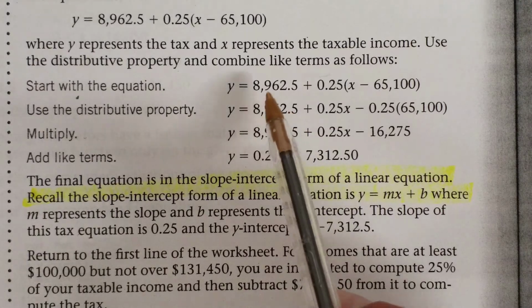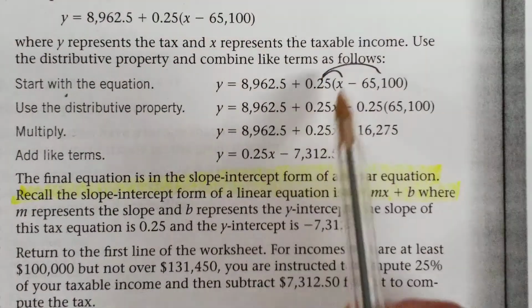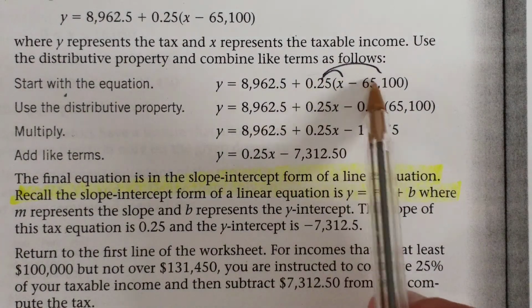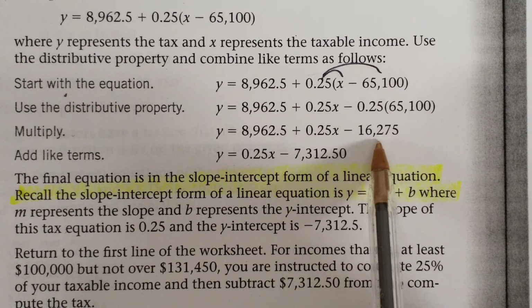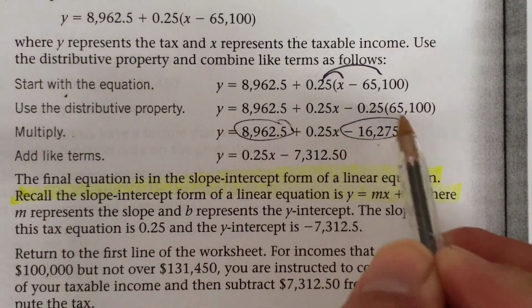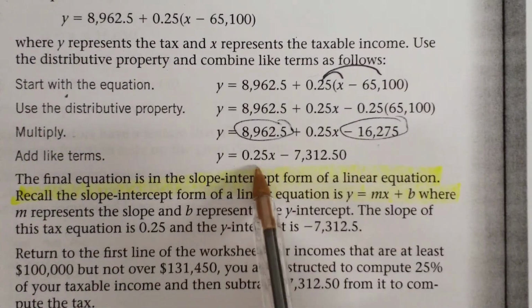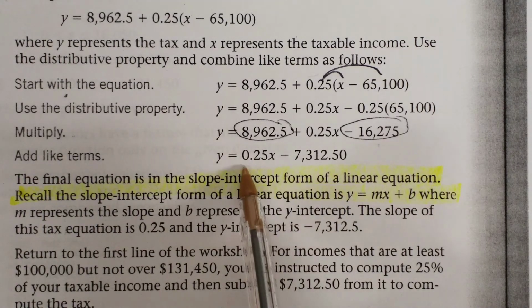If I wanted to convert that to slope-intercept form, I would distribute right here. So 0.25x minus, and when you multiply 0.25 times that, you end up with 16,275. These two are like terms that I can add together. So 0.25x is coming to the front, and when I add those together, I get negative 73,150. And now it's in slope-intercept form.